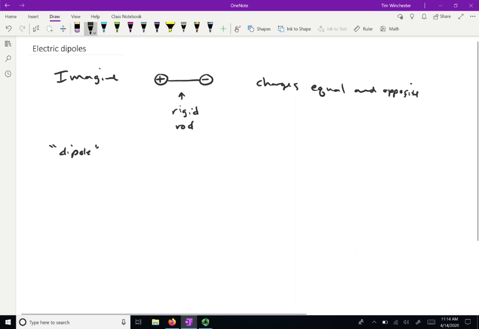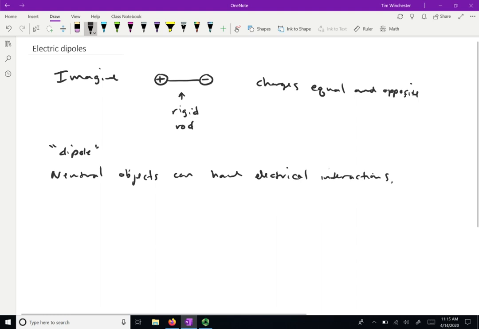The reason that this is interesting is because this thing is overall charge neutral, but it still has electrical interactions. Of course, you have seen that before.